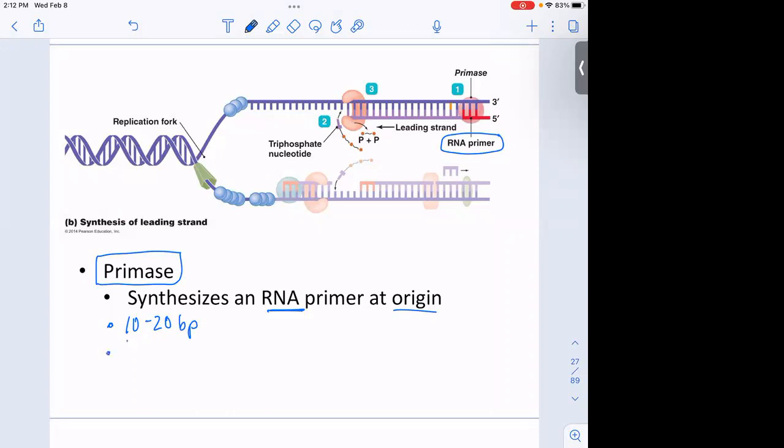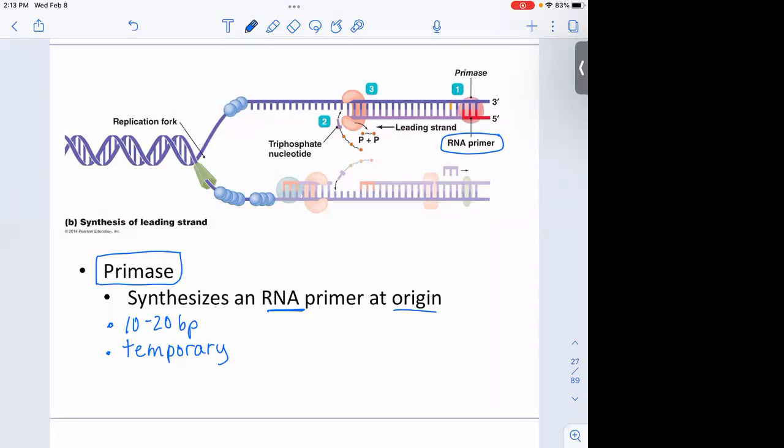Important to note, these are very temporary. Because you think about it, you can't have a DNA strand that has these little bits of RNA sprinkled throughout it. So it's only going to be there for a short while, and then some other enzymes are going to go in and replace it.